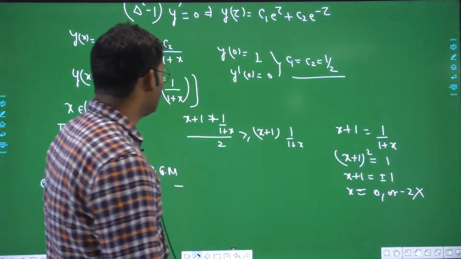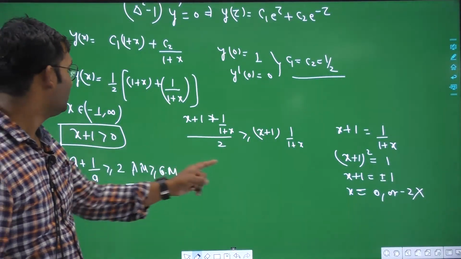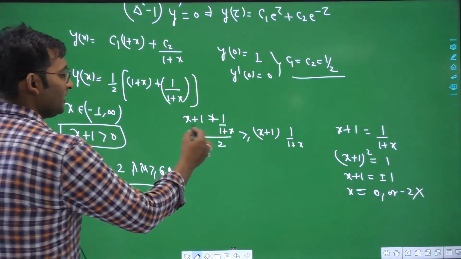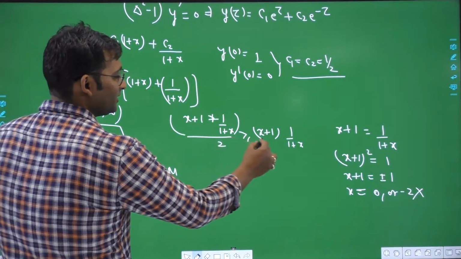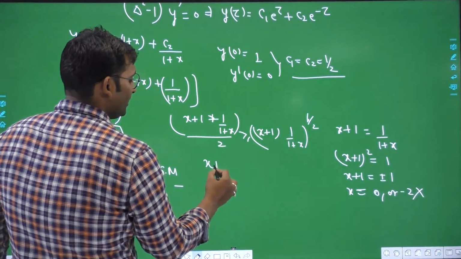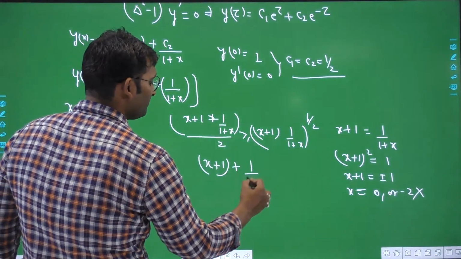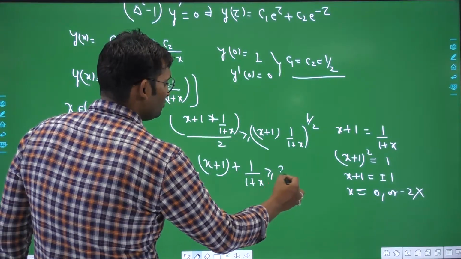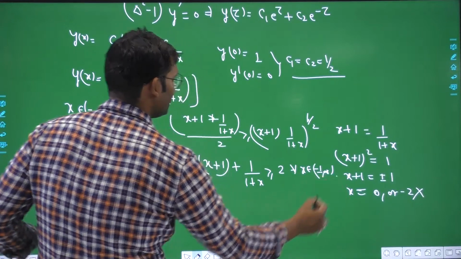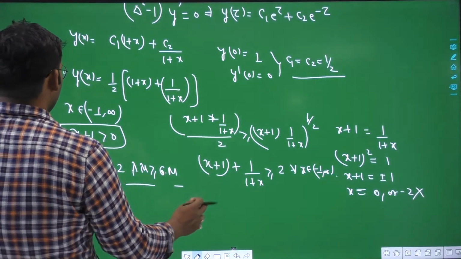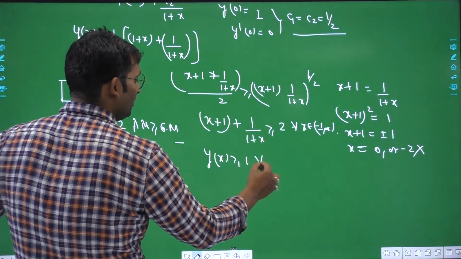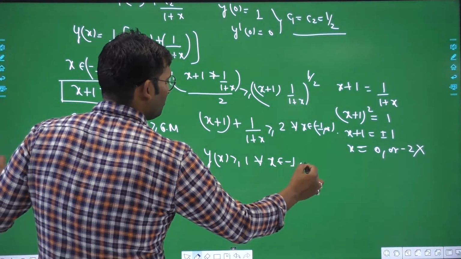Neither −2 is contained in (−1, infinity), but x equal to 0 is contained in this interval. Therefore (x+1) + 1/(1+x) is greater than or equal to 2 for all x in (−1, infinity), by AM-GM, by which I can write that y(x) is greater than or equal to 1 for all x in (−1, infinity).